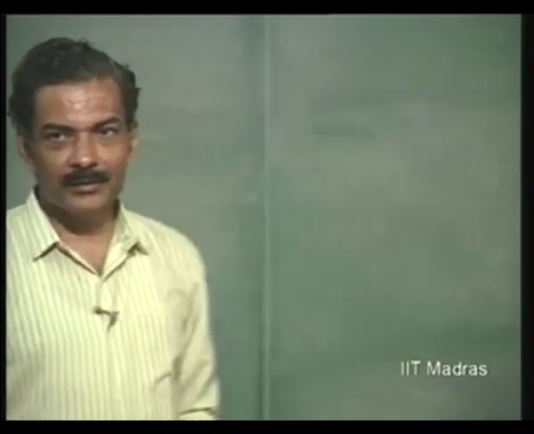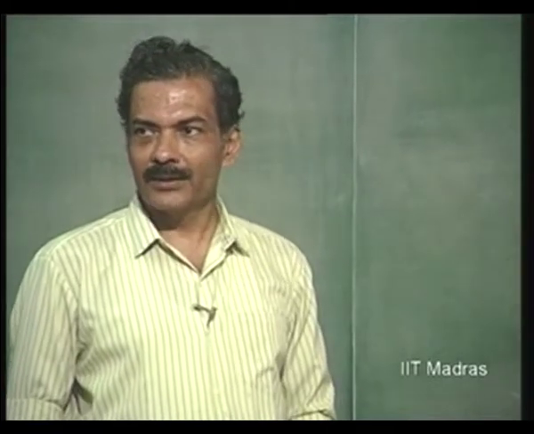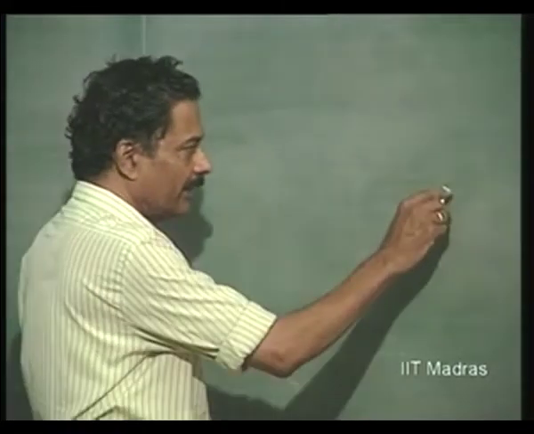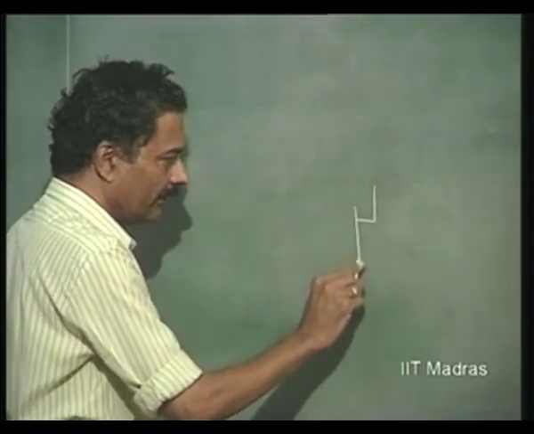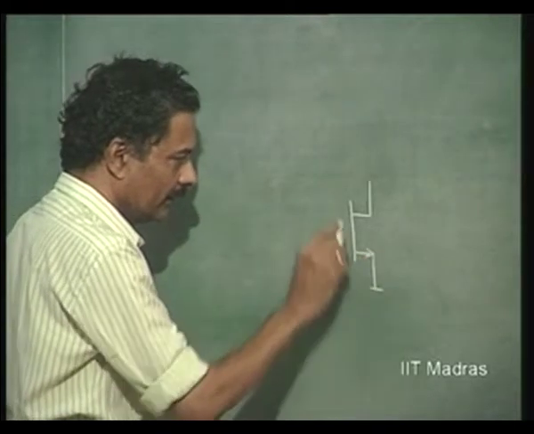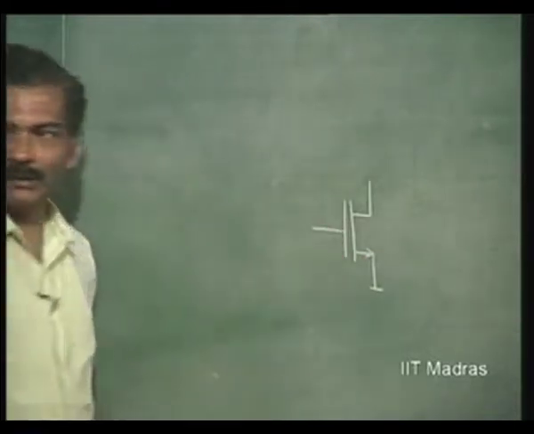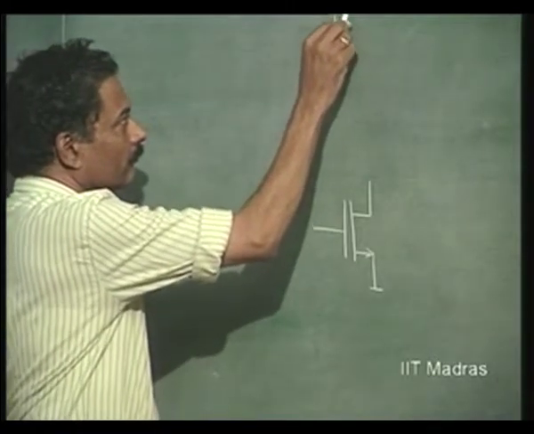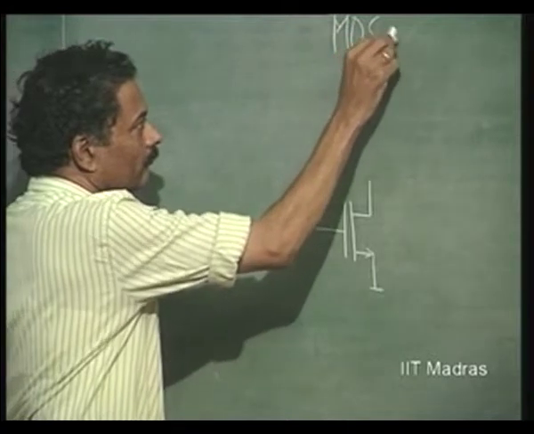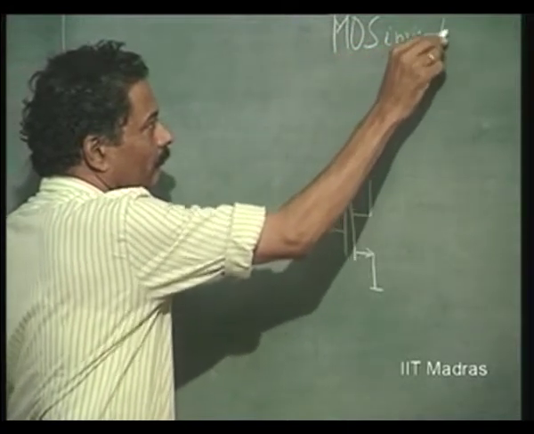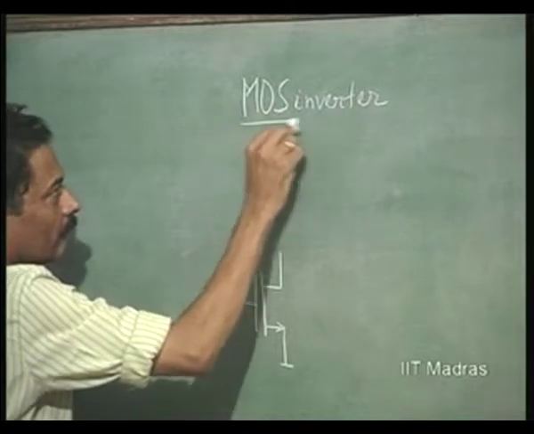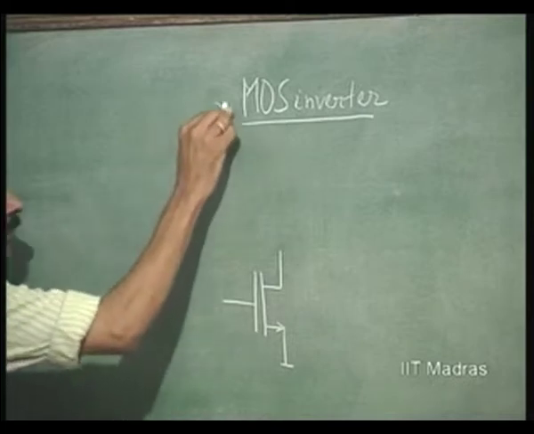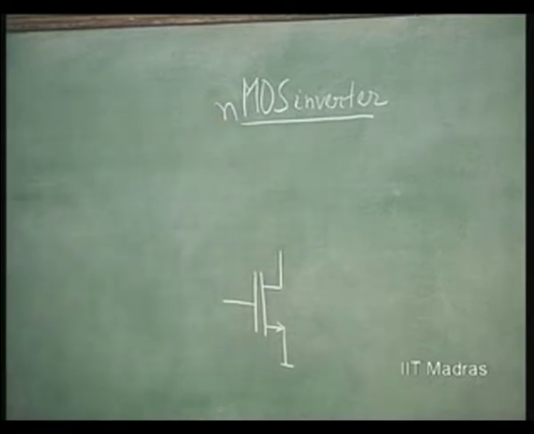Now, let us consider the circuits which are possible with these active devices. As we did in the case of the bipolar junction transistor, first we will consider the basic inverter. So, I will consider now what you call the NMOS inverter.